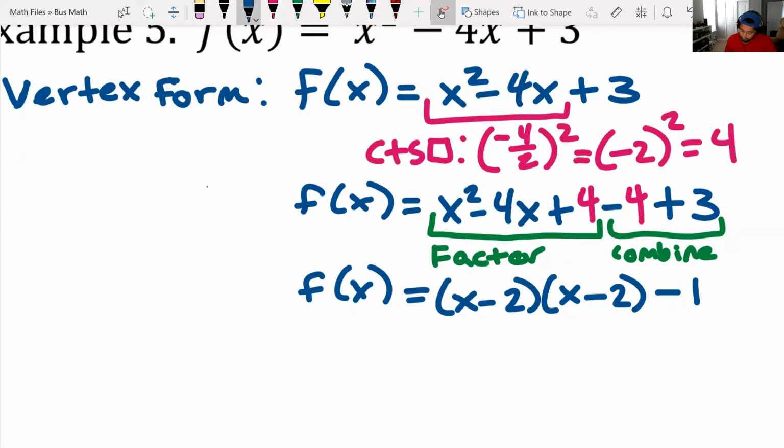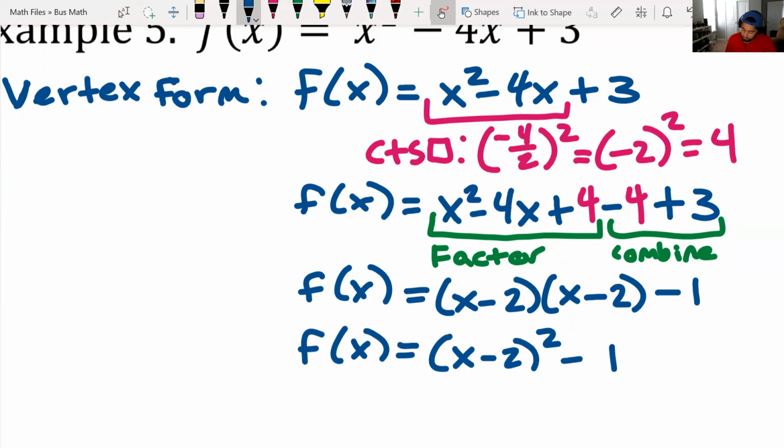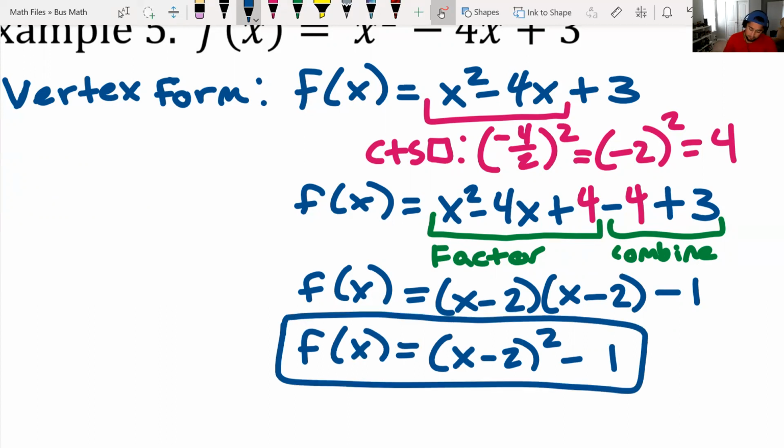Almost there. f of x equals x minus 2 squared minus 1. Here is vertex form.